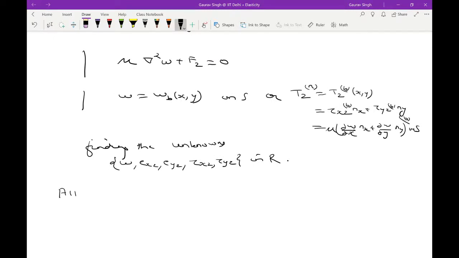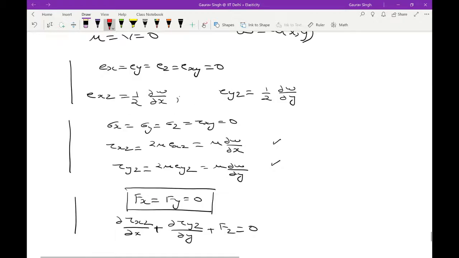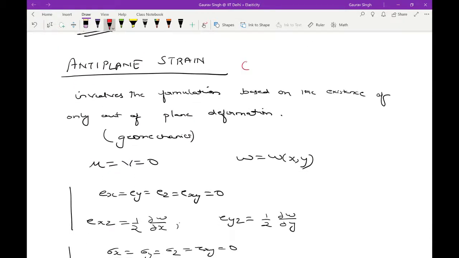And then the Airy stress function is our next topic. One of the things which you should do for this is to verify all relations below. All the equations which I have written are actually very simple to do, but you must verify to confirm that you have understood this part.